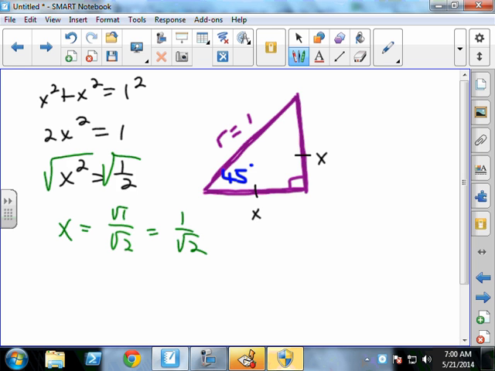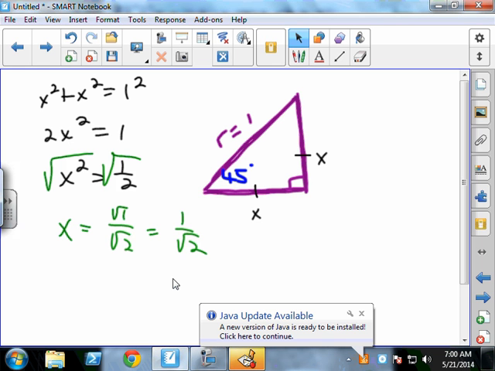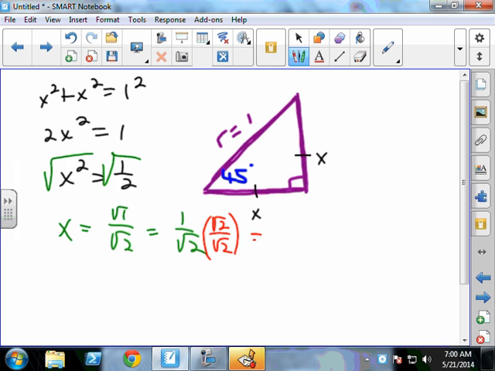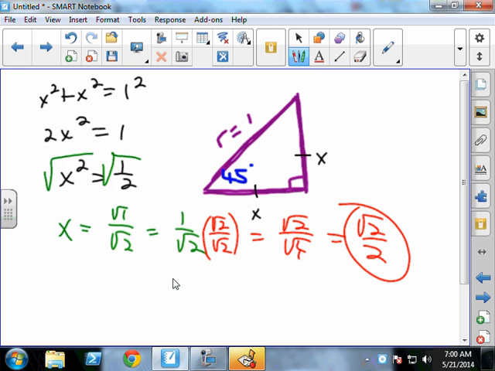And you might remember this from a couple weeks ago when we simplified radicals, that you need to multiply this by rad 2 over rad 2, which gives you rad 2 over rad 4, which gives you rad 2 over 2. Okay? Rad 2 over 2.